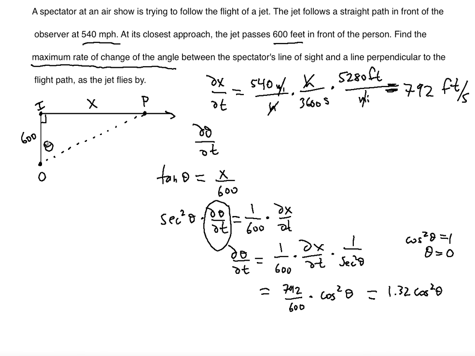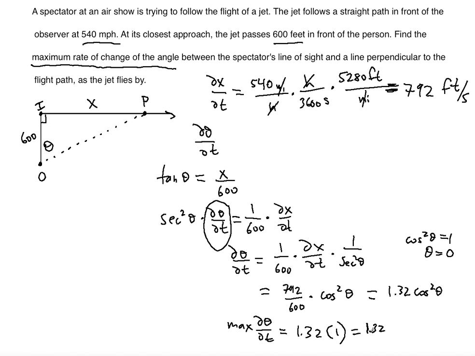The angle measure theta will be changing the fastest when the plane is right above you, where it's at the point I at that instant in time. Okay, so the max d theta dt is equal to 1.32 times 1, which gives you 1.32.